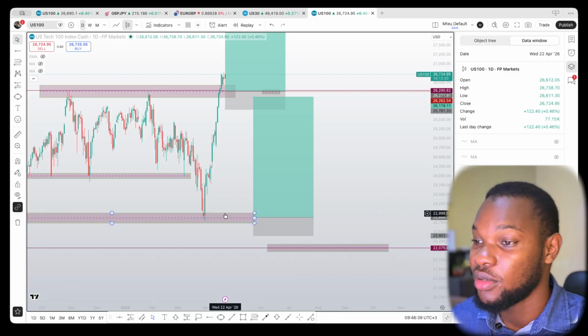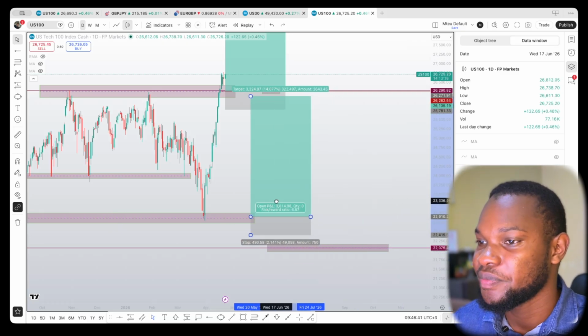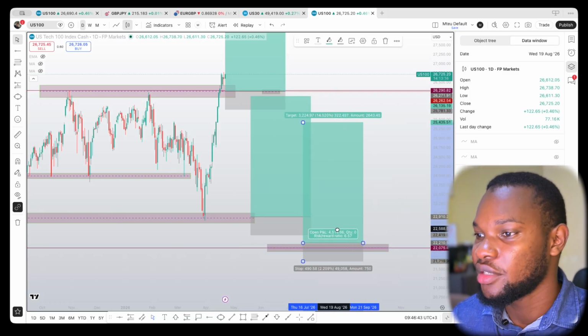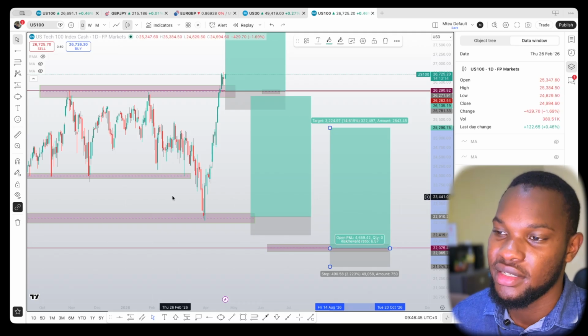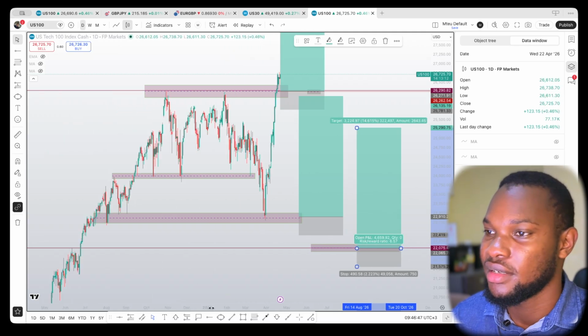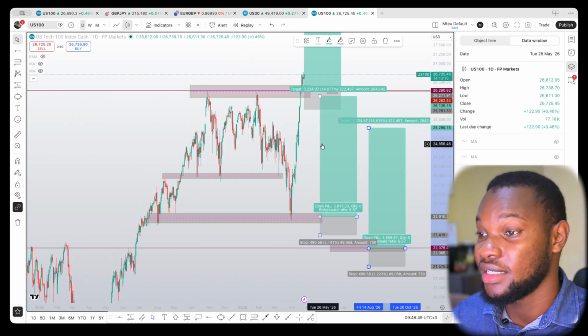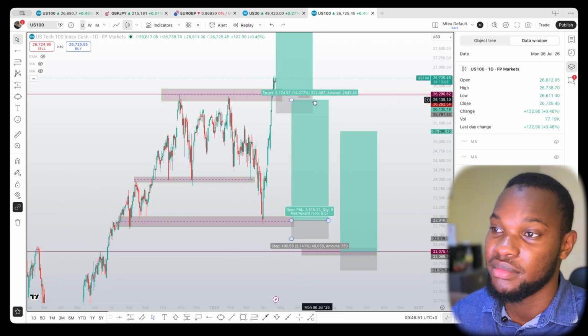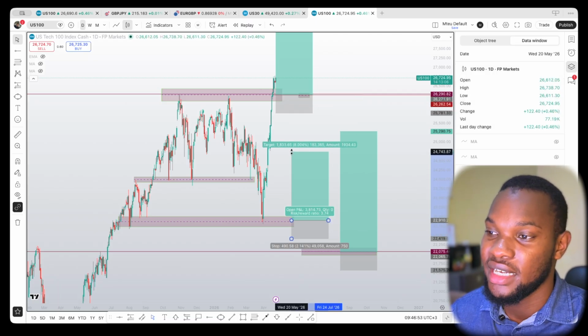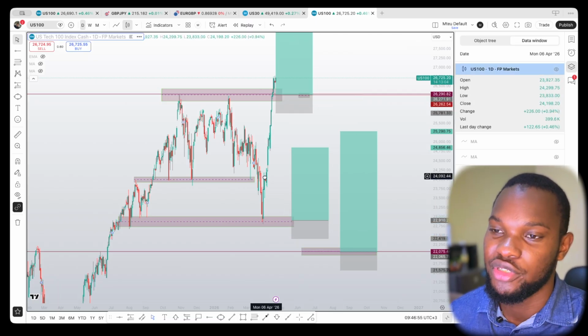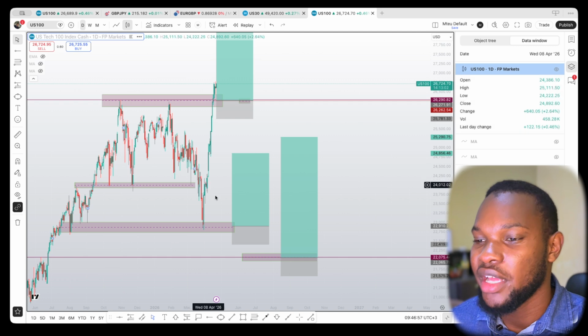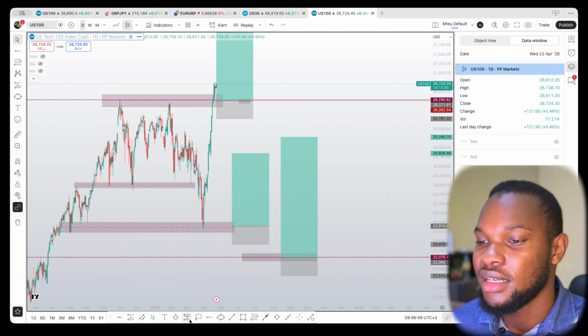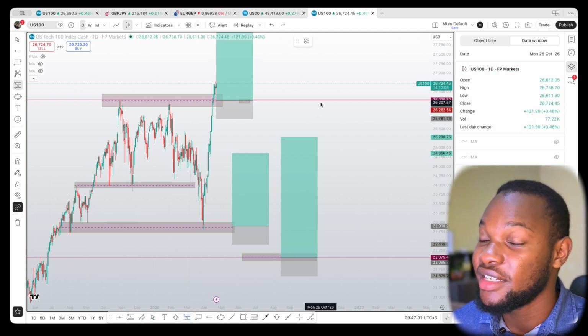Or if it doesn't hold up, I could do the same around here. That's on the daily. So those are the places where I'm most likely to buy or to trade. Or I could even think about selling if I'm a counter trader.